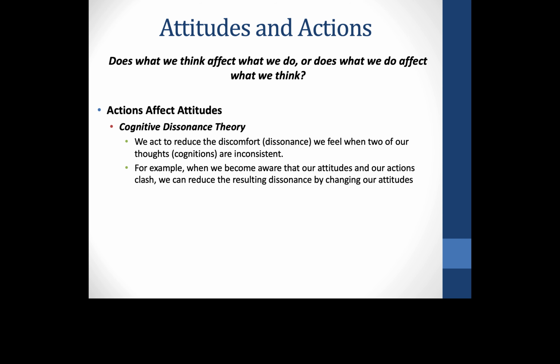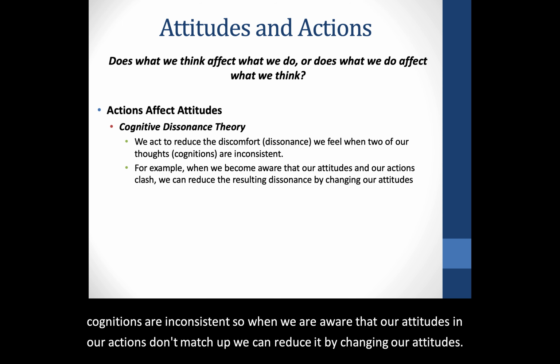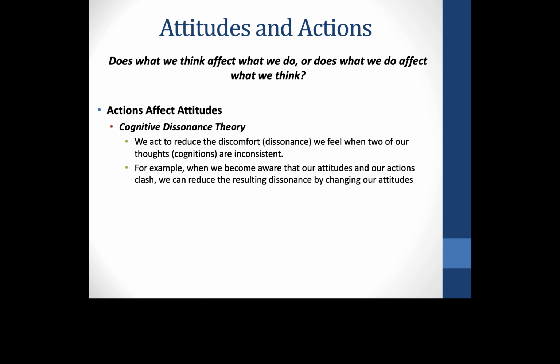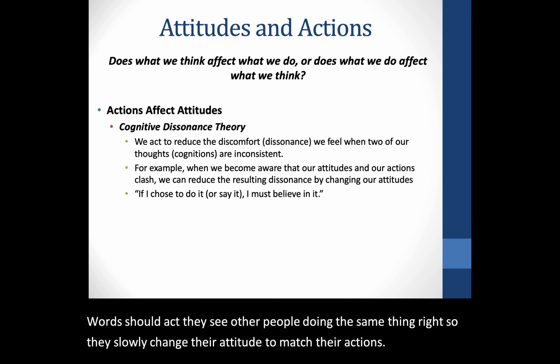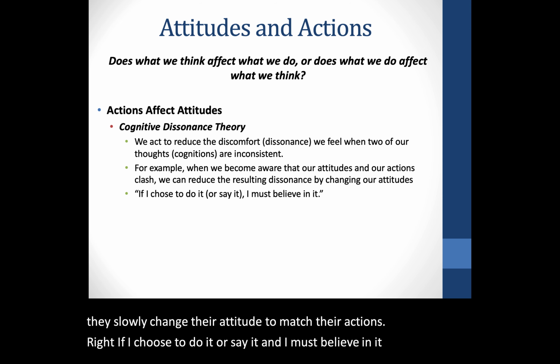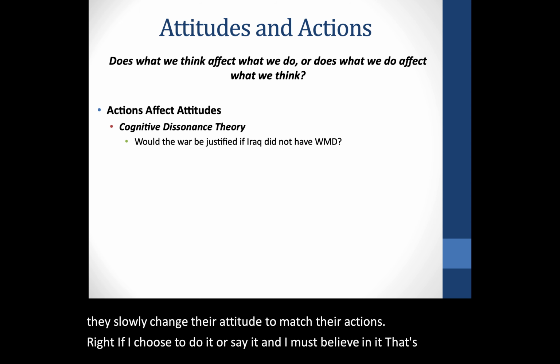So in that Stanford prison experiment, the prison guards, after acting in a certain way, probably begin to adopt the attitude that these prisoners deserve it. I'm the guard, they're the prisoners. This is how prison guards should act. They see other people doing the same thing, so they slowly change their attitude to match their actions. If I choose to do it or say it, then I must believe in it. That's the quote unquote logic behind it.